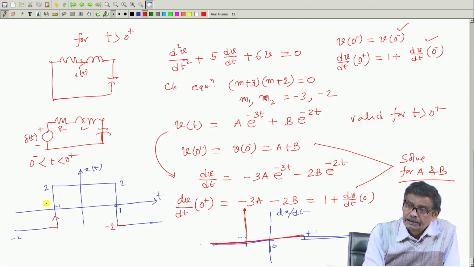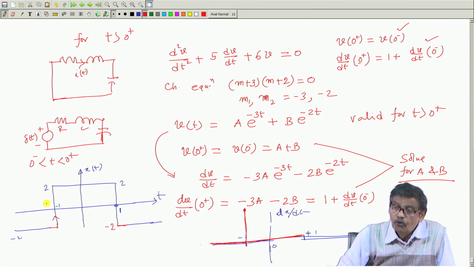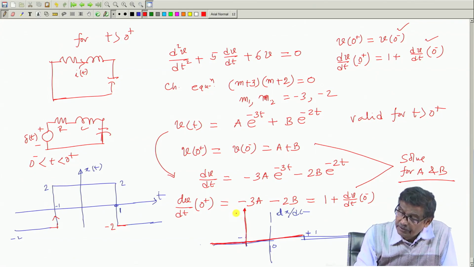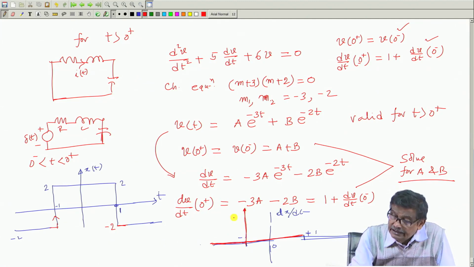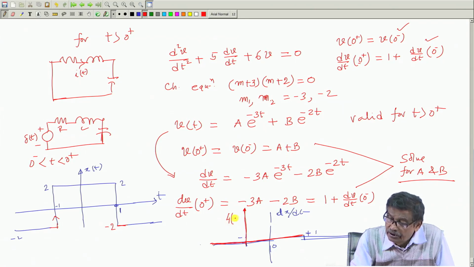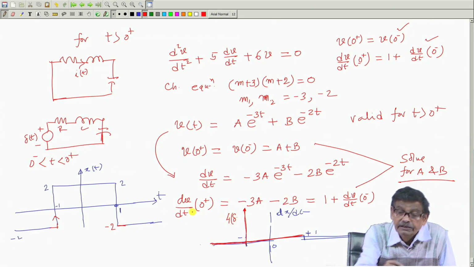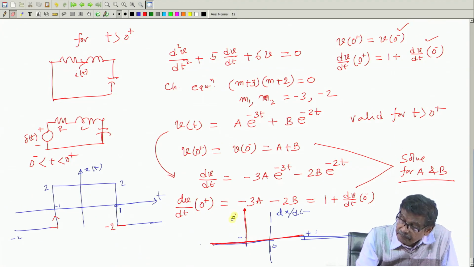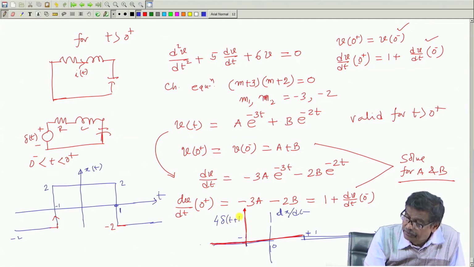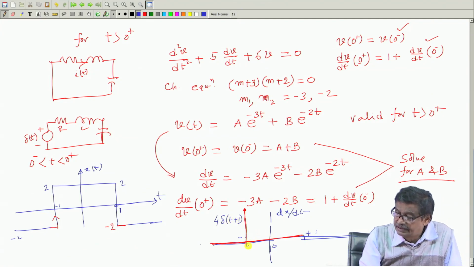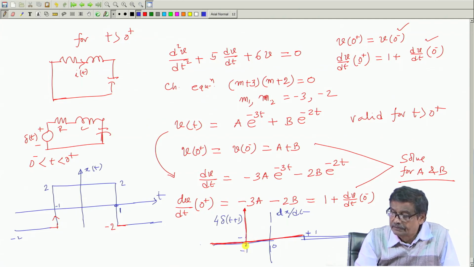So, the jump has taken place of 4. Here there will be an impulse whose strength will be 4; this impulse will have a strength of 4 delta, and it is a shifted delta function. It is not sitting at the origin, it is sitting at t equal to -1.